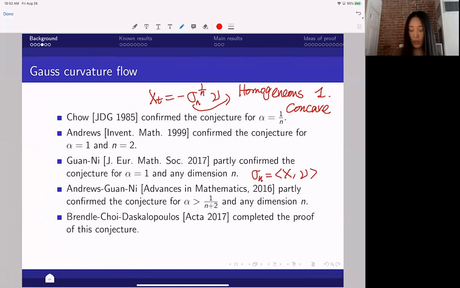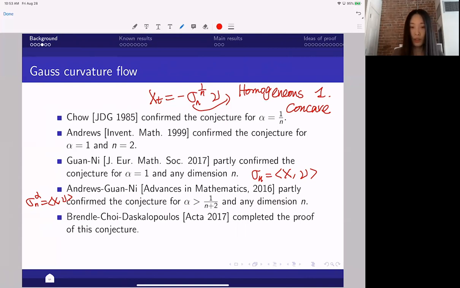Guan and Ni proved in 2016 that they partly confirmed this conjecture for alpha greater than 1 over n plus 2 for any dimension n. They proved that the limit hypersurface satisfies sigma_n to the alpha equals x dot nu. But again, they didn't show that this hypersurface is in fact a sphere.